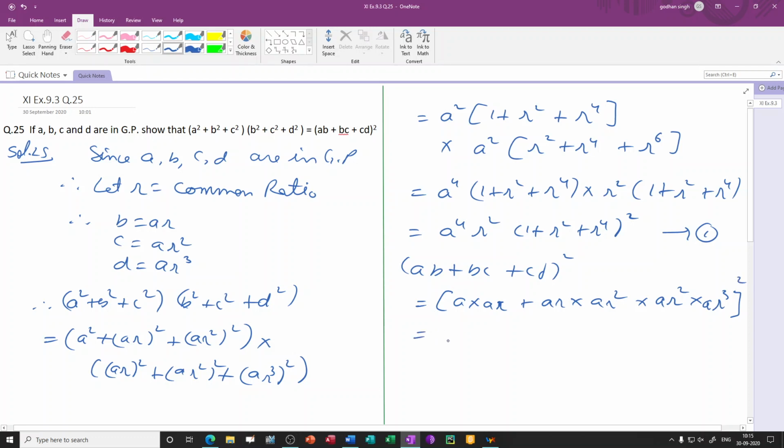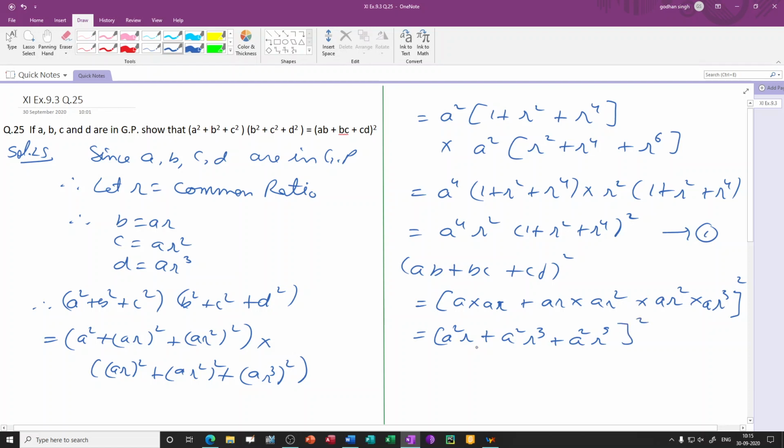This becomes (A square R plus A square R cube plus A square R raised to 5) whole square.